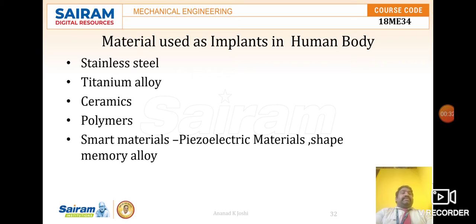Okay, materials used as implants in the human body. There are different materials that have been found suitable for use as implants in the human body. First one is stainless steel. This steel has the least corrosion resistance among these implant materials, so it is used for temporary implants only.